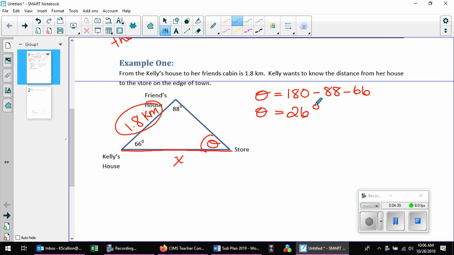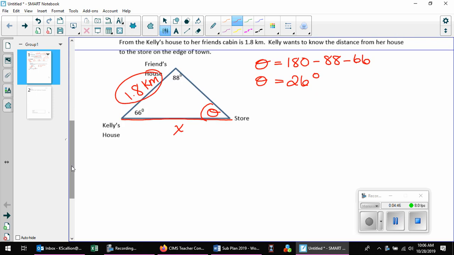So we know that the red pair is 26 degrees and 1.8. That is what I call my known pair. It has all the information in it, so I always like to list that one first. So I'm going to have side 1.8 over sine of 26 degrees. Okay, so now I'm going to switch colors.